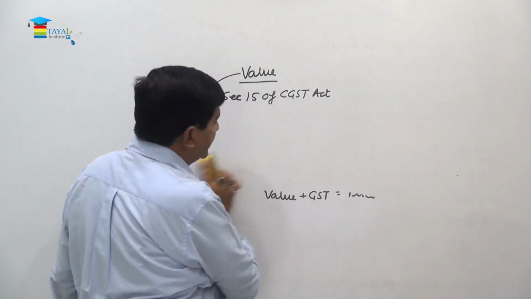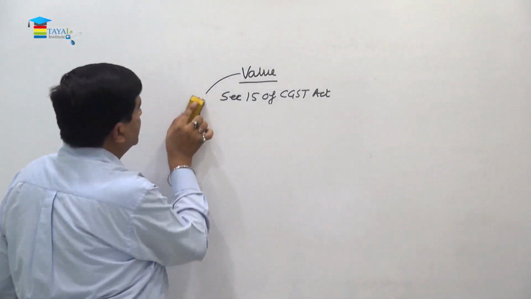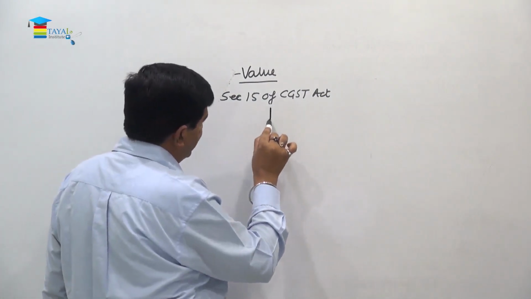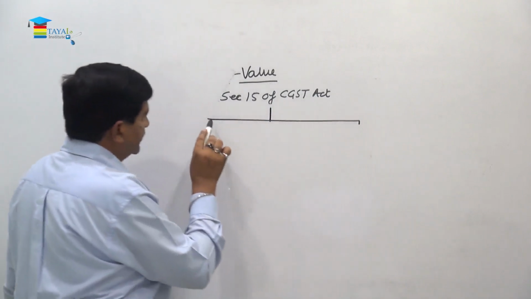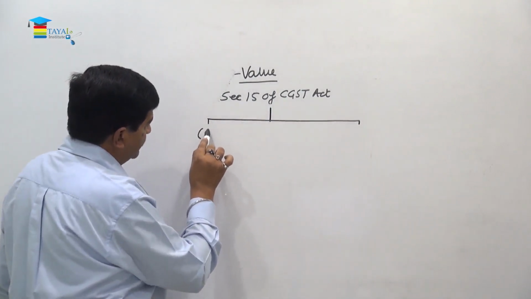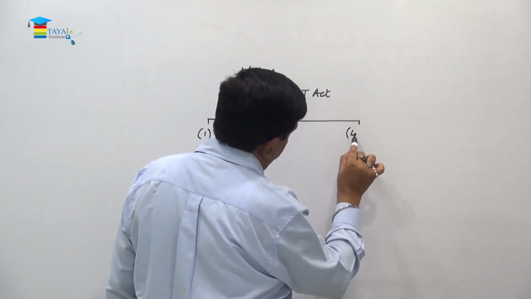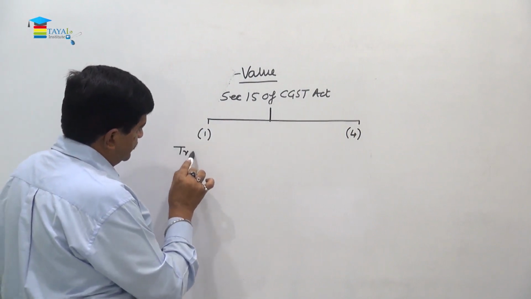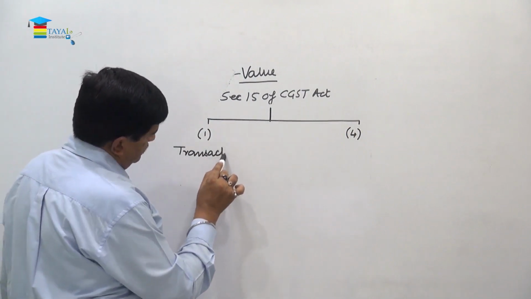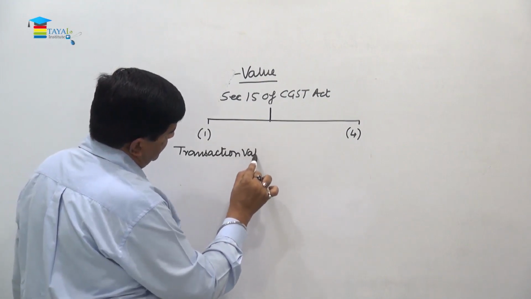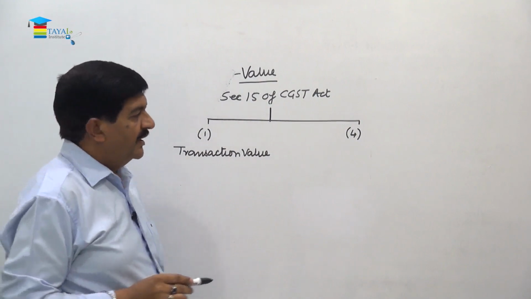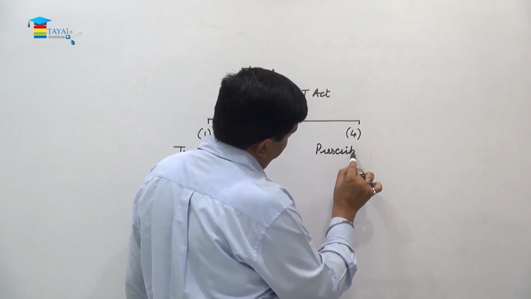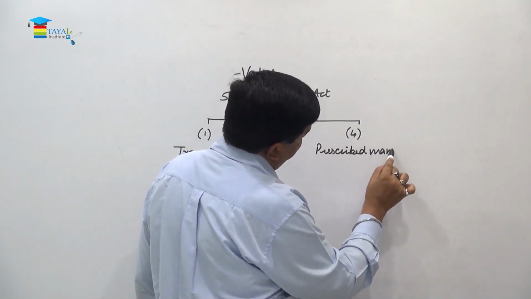As far as section 15 is concerned, mainly two things are there. There is subsection 1 and there is subsection 4. Subsection 1 talks about transaction value, and subsection 4 talks about prescribed manner.